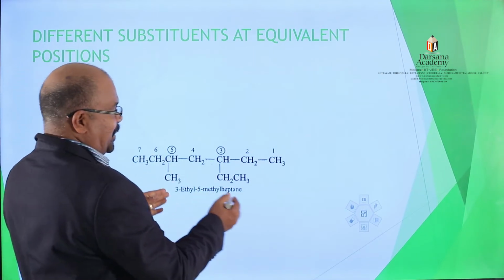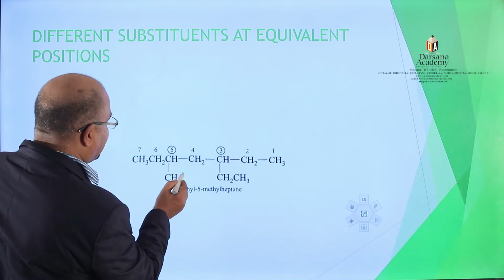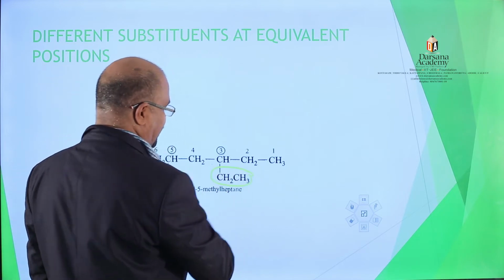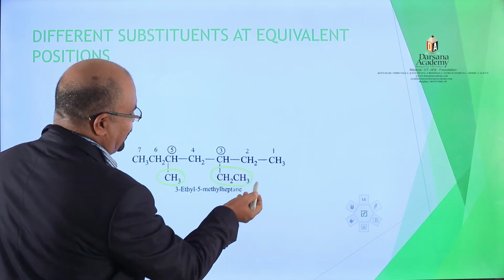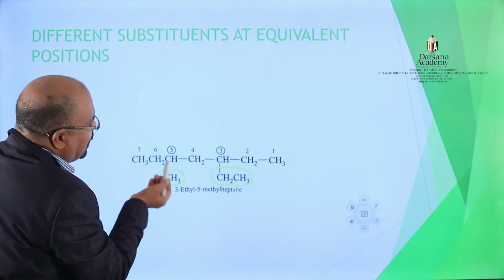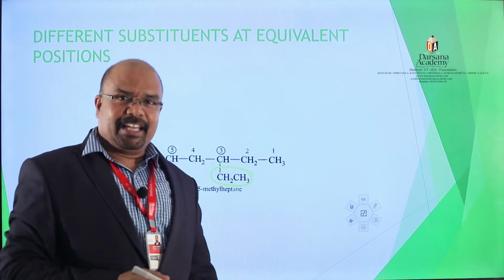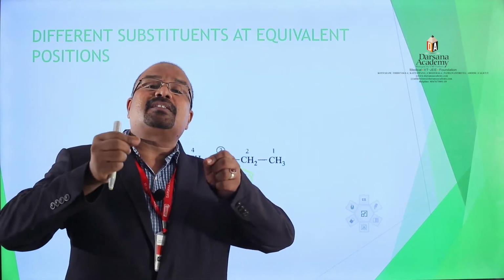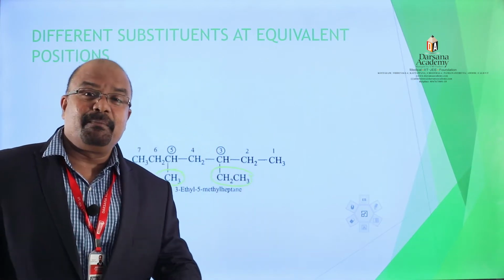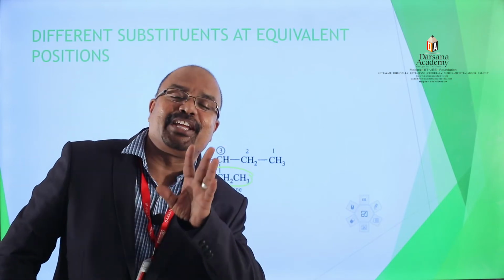Here also there are different substituents, but the substituents are at equivalent position. So methyl is a substituent and ethyl is also a substituent. If we start numbering from here, ethyl will get the third position. If from here, the methyl will get the third position. But IUPAC says that if two different substituents are at equivalent position, numbering is also based on alphabetical order of preference.